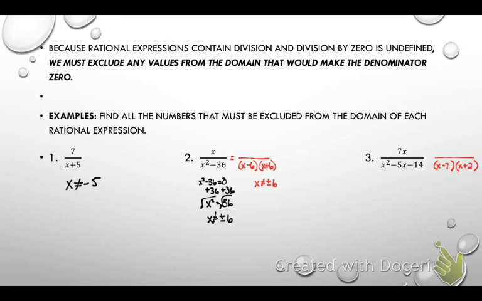Once it factors, remember, it's just the opposite of the back divided by the front of each part. So x cannot be equal to a negative 2 and a positive 7.